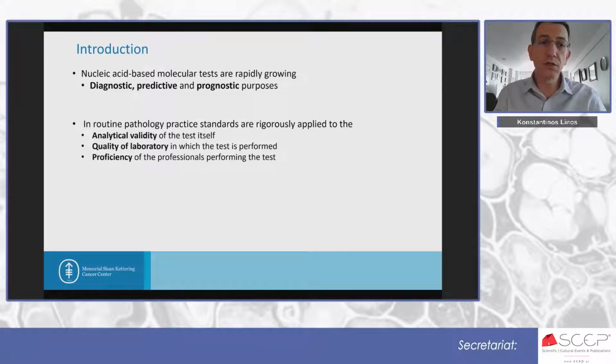I use them every day for diagnostic purposes, but they're also very important to oncologists and other clinicians for predictive purposes, and extremely important for the patient as well because they can give prognostic information.